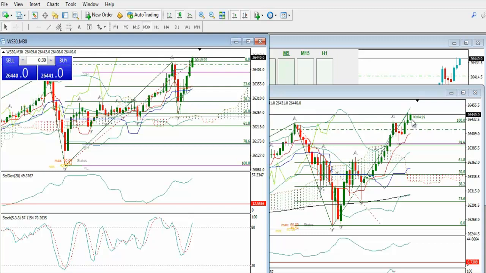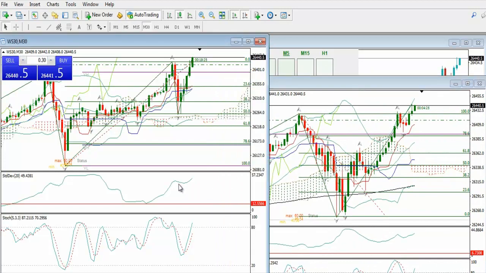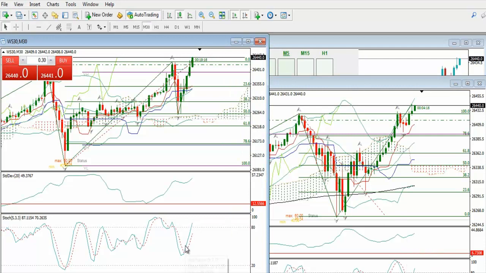I think we're going in a trend right now because I have my eyes on the standard deviation right here, which is moving up. I have my eyes on the stochastic.